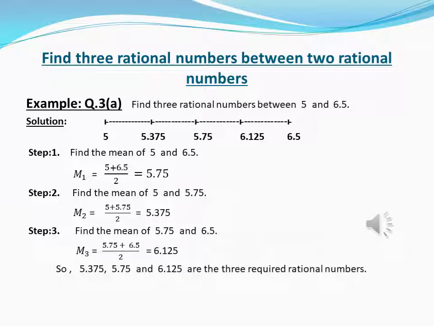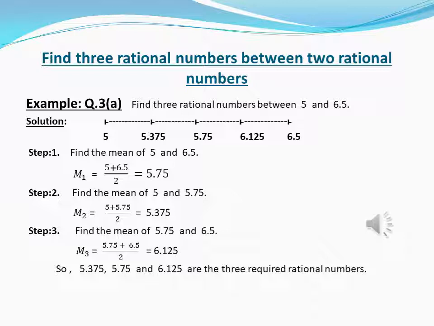So I have selected question number 3 part A. For this, the question is, find three rational numbers between 5 and 6.5. So let's start. We will have three steps to solve this question.